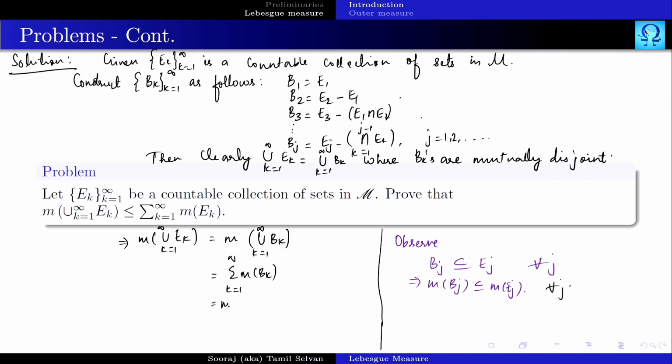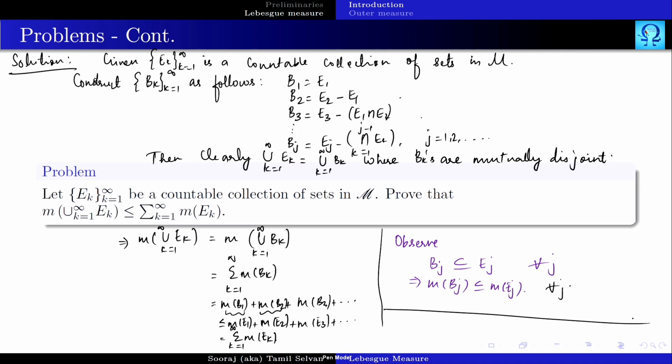This shall be written as measure of b1 plus measure of b2 plus measure of b3, and it goes on. The first one is smaller than or equal to measure of e1. Similarly, the second one is smaller than or equal to measure of e2. That way we replace every term. So this is the summation over k from 1 to infinity of measure of ek.